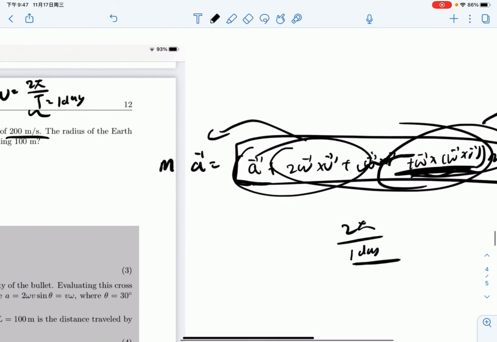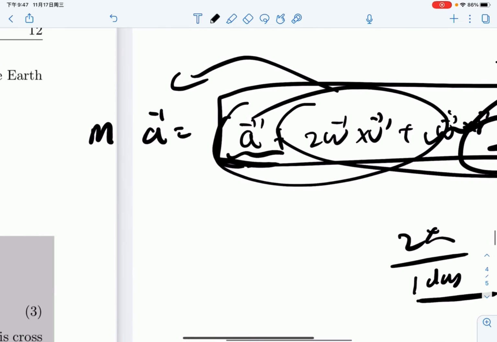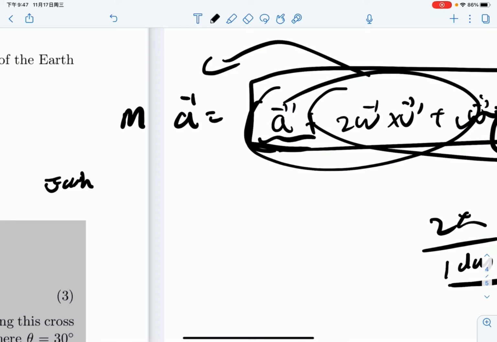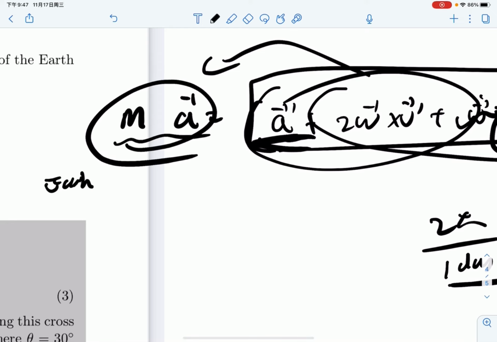And now we have that in the frame of the Earth, the object is experiencing two forces, which is a gravitational force over here, and minus a fictitious force.